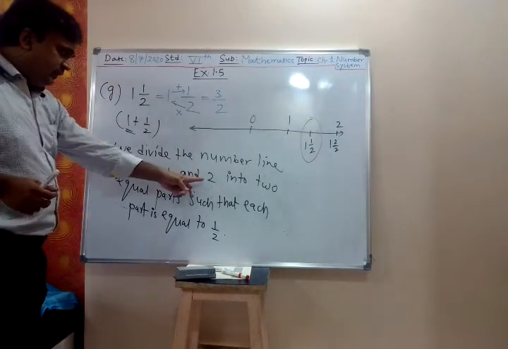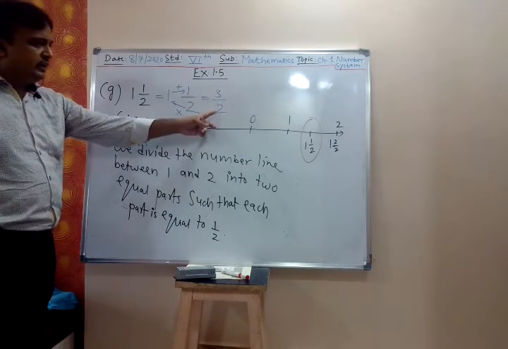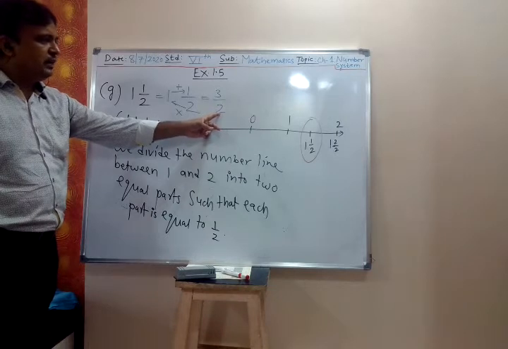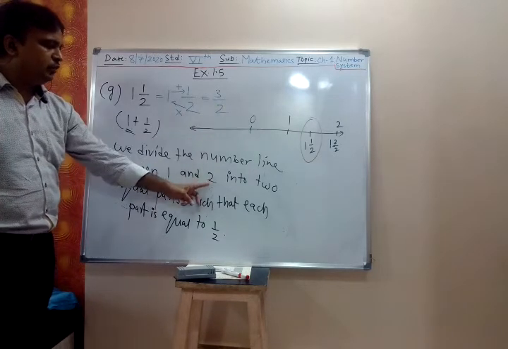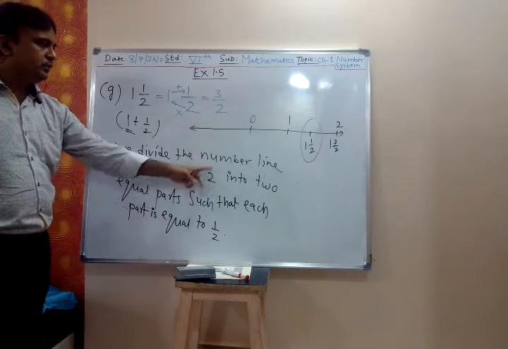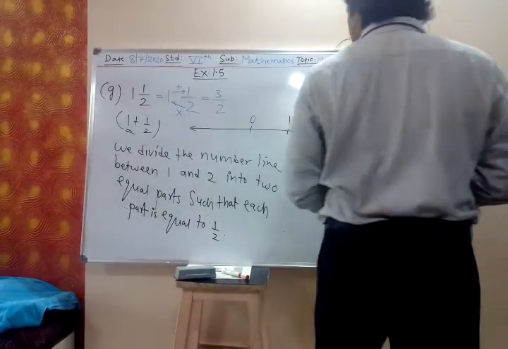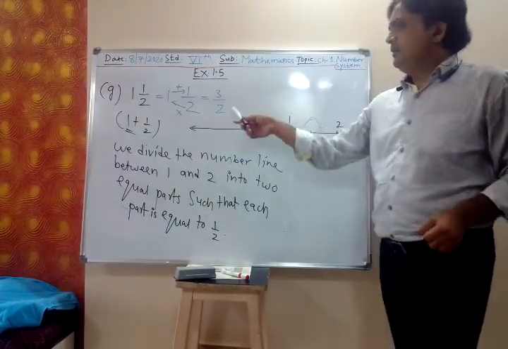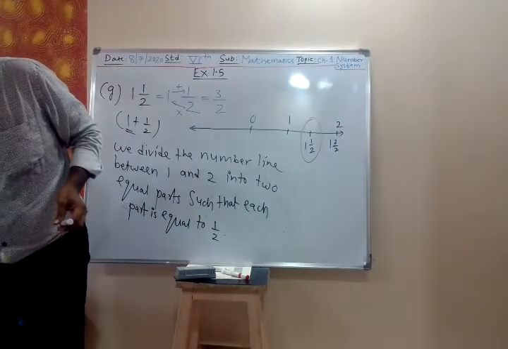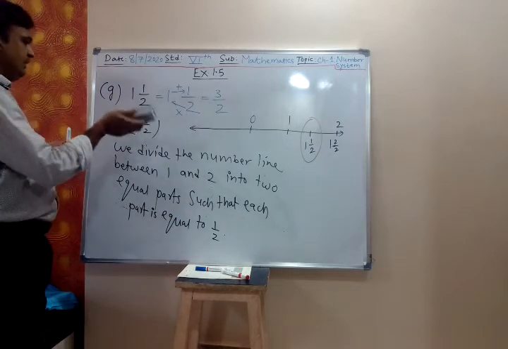See, the denominator is 2, that is why I have divided the number line between 1 and 2 into 2 equal parts. Now let us do the next part.